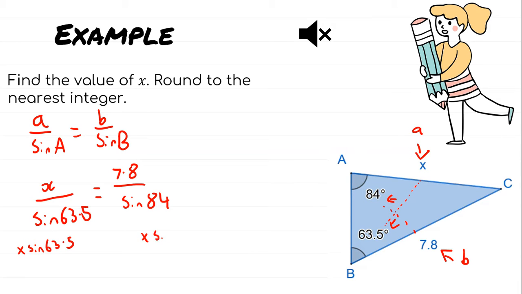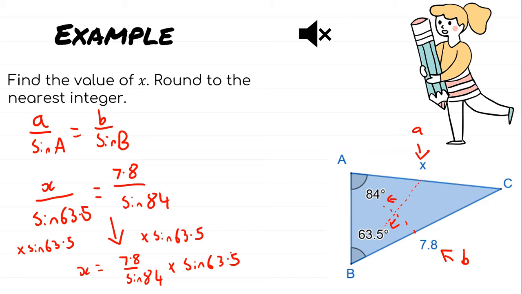And if you times both sides by sine 63.5, that's going to give you x equals 7.8 over sine 84 times sine 63.5. Okay, pause the video if you wanted to stop and just make sure that you're happy with how I've gone from this line up here down to this line down here. All I've done is times both sides by sine 63.5.